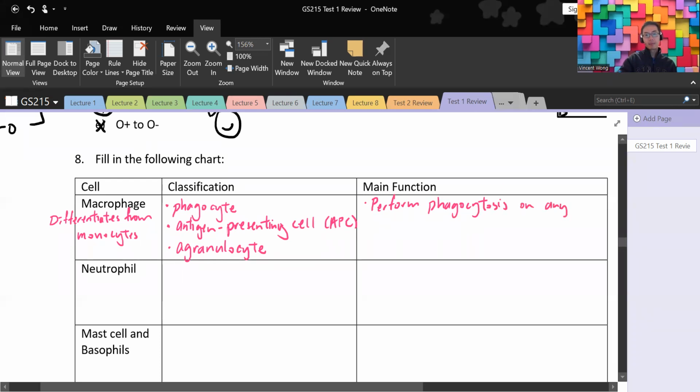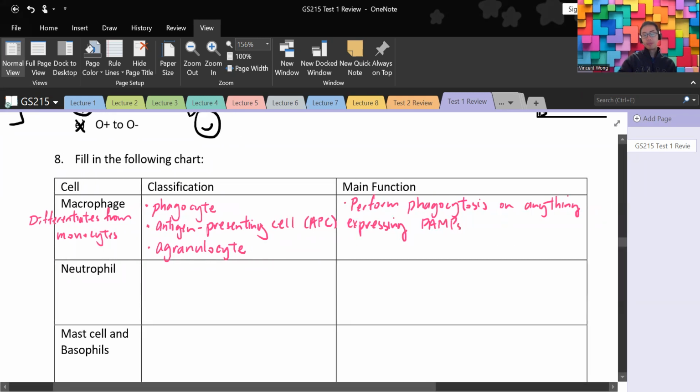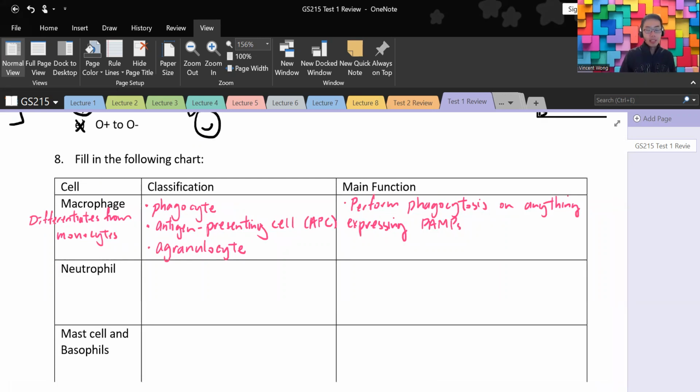On anything expressing PAMs. Remember PAMs? The pathogen-associated molecular patterns. Right. So a bacteria might have some PAMs on it, and immediately the macrophage would recognize that as foreign, and it would phagocytize it. It would eat it up.